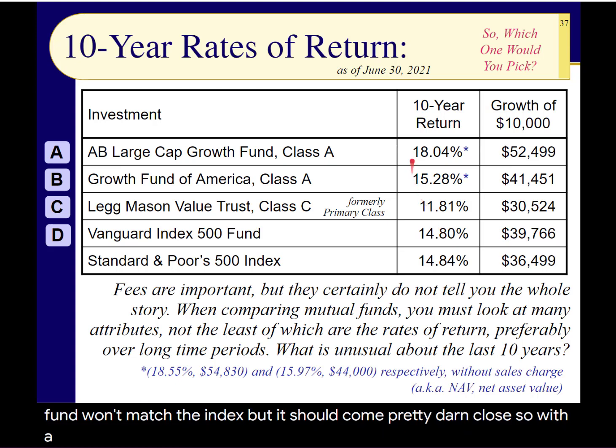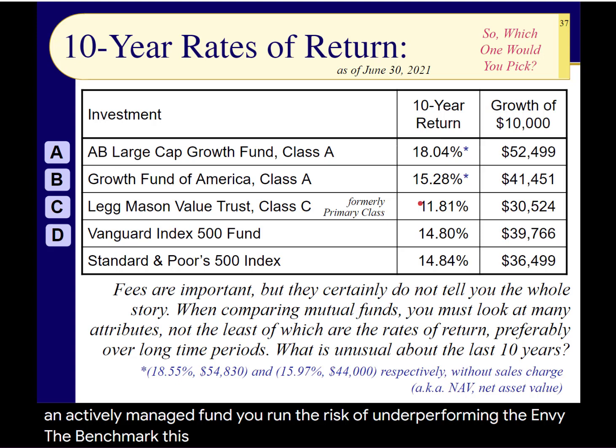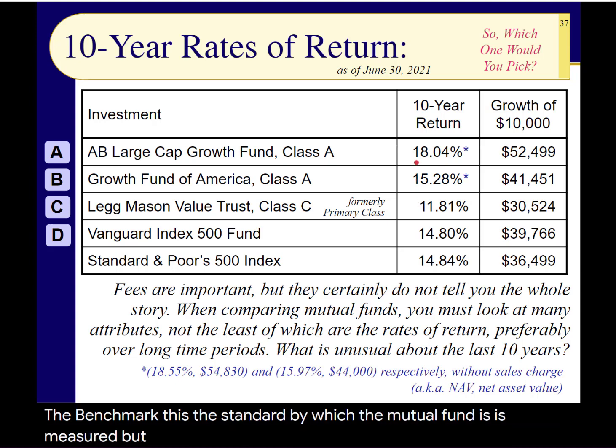So with an actively managed fund, you run the risk of underperforming the benchmark, the standard by which the mutual fund is measured, but you also have the opportunity of doing better than the index.